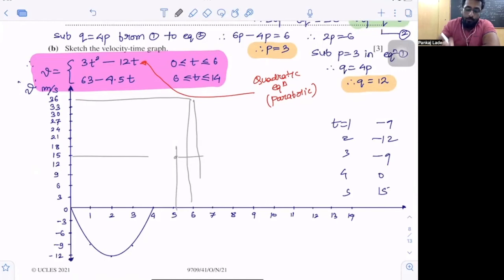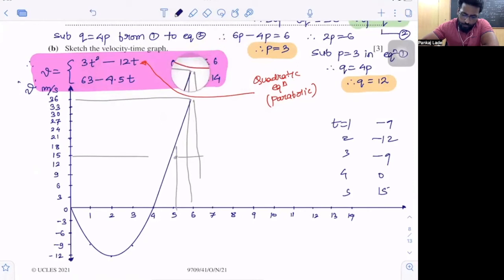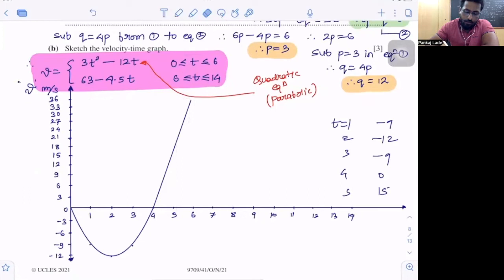So I am going to extend my curve, this one, so that it goes and meets the point of 36. Okay, somehow like this. Remove the rest of the lines, not needed.